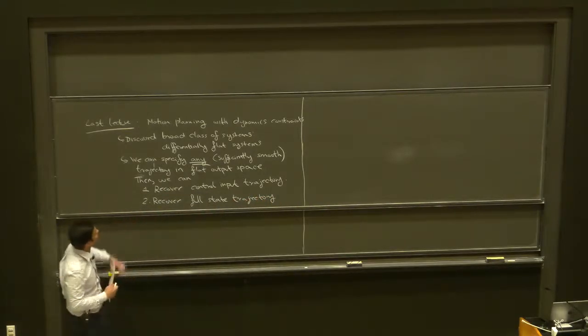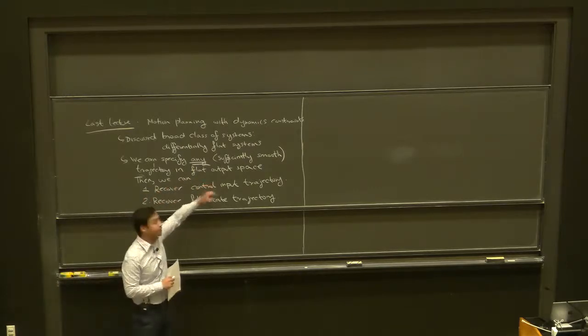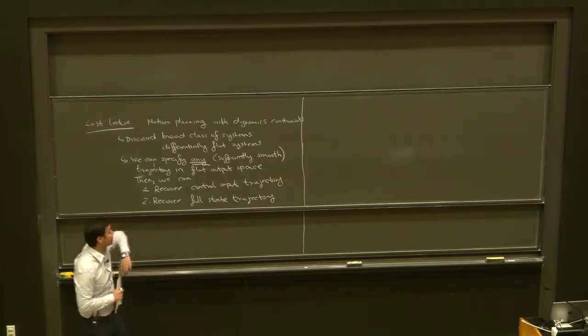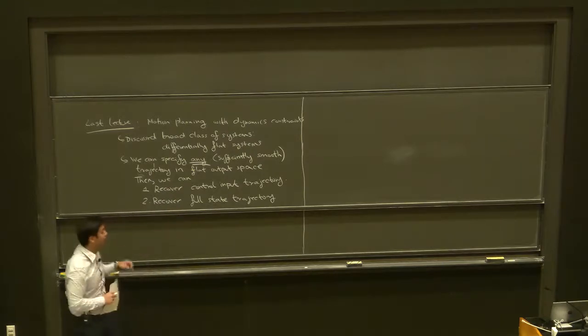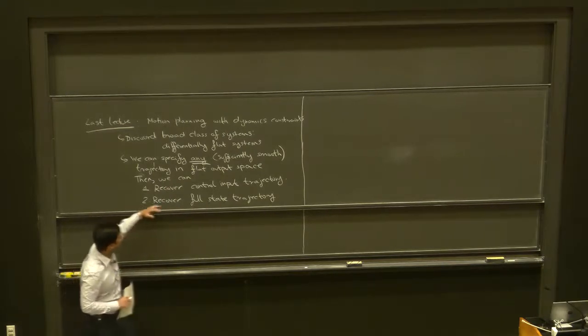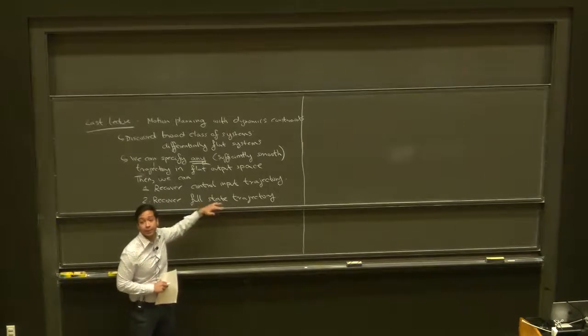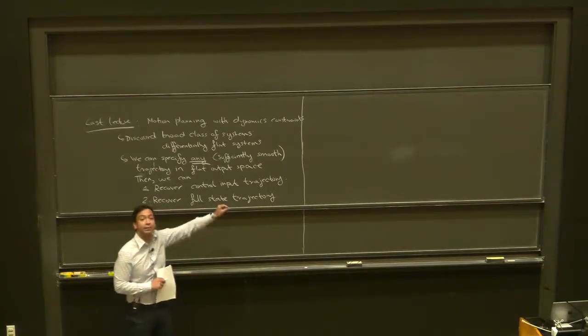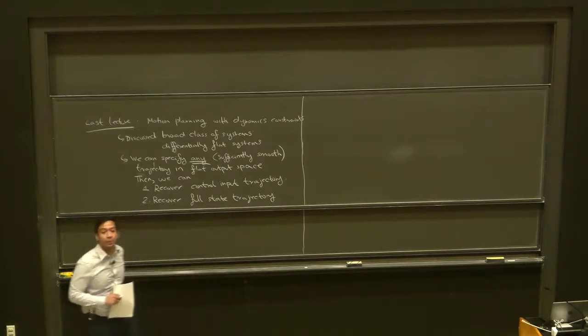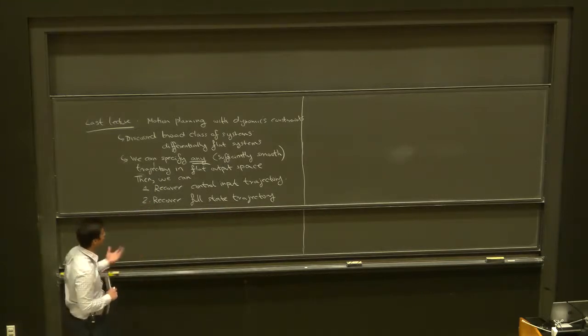Again, for the planar quadrotor, if you come to me with a sufficiently smooth trajectory for the center of mass, I can give you a control input trajectory that makes the center of mass do what you specified, and I can tell you exactly what the full state is going to do. We don't have direct control of the full state. I'm not saying you can come to me with any trajectory for the full state and I'll give you a control input sequence that makes the full state do that.